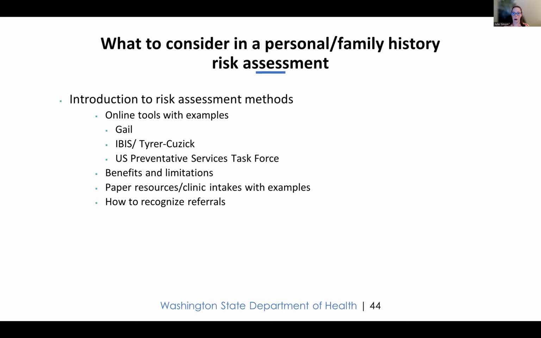We'll be talking about the benefits and limitations. So pros and cons as you're looking at these different models, and then additional clinic intake forms or paper forms that would put this information into use, and how to recognize referrals, which should hopefully be sounding familiar at the end of this talk.